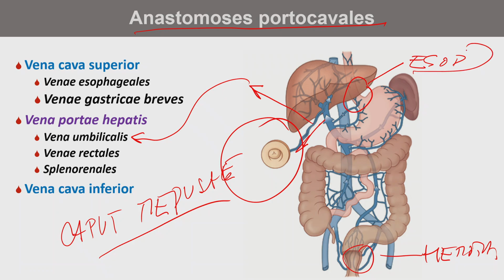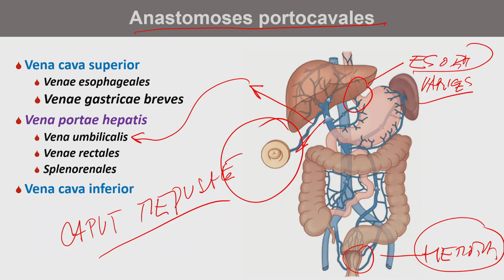Then esophageal and hemorrhoidal plexuses could also be enlarged, but here those plexuses are called varices. So esophageal varices are a very important source of bleeding in patients with very developed portal hypertension.